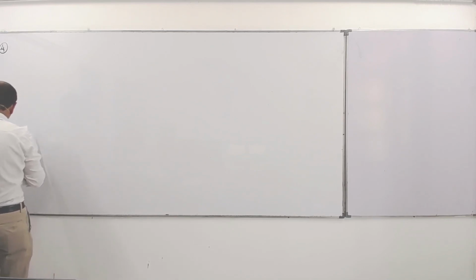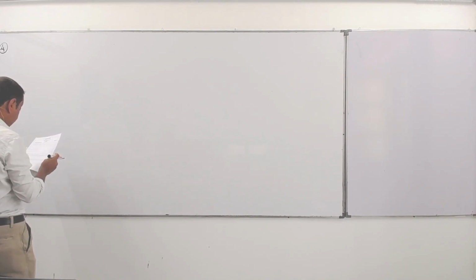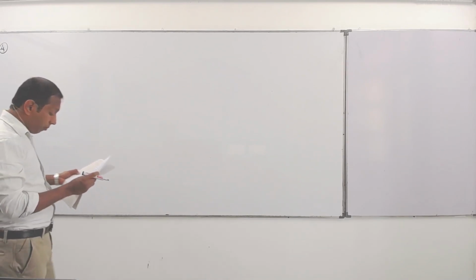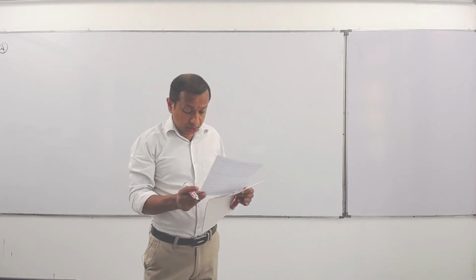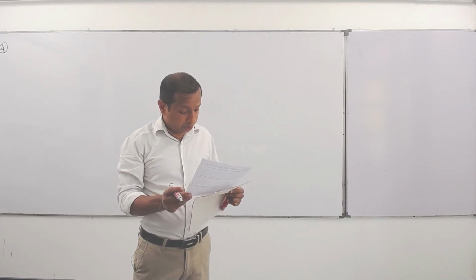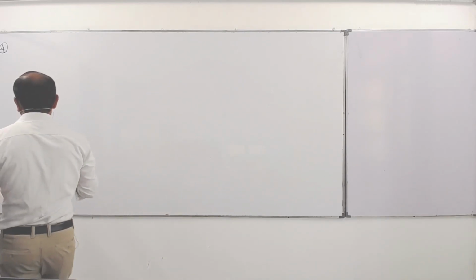Okay, and B is a point on the line L such that AB equals 3 root 10. Find the possible coordinates of B. If these points are B1 and B2, find the area of the triangle O B1 B2, where O is the origin, right? Okay, the given thing is this.